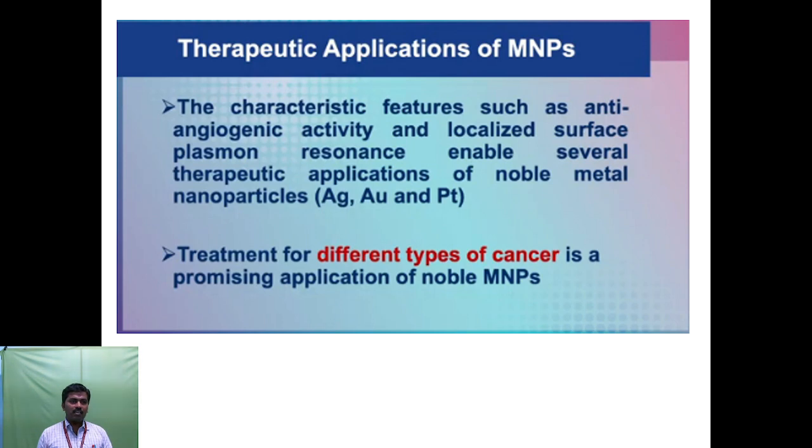The characteristic features such as anti-angiogenic activity and localized surface plasmon resonance enable several therapeutic applications of nanometals like silver, gold and platinum nanoparticles.